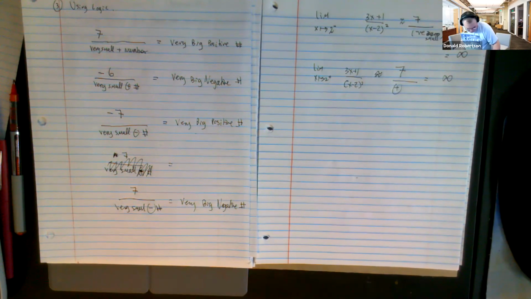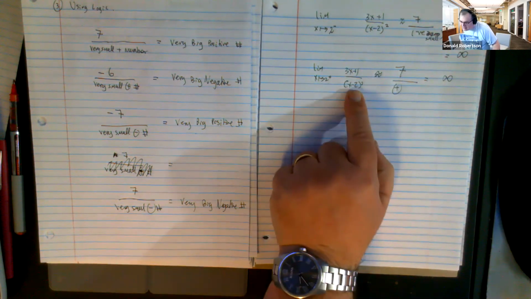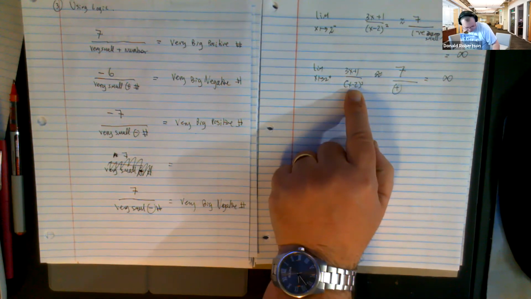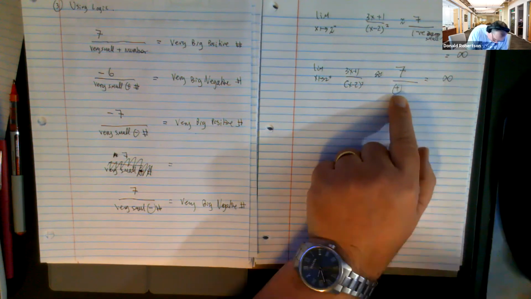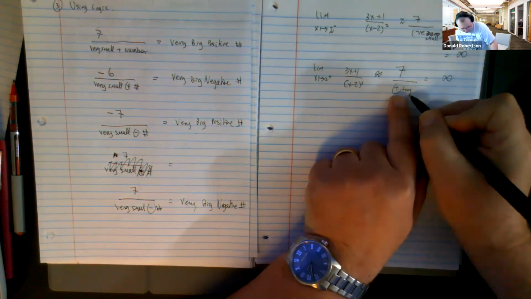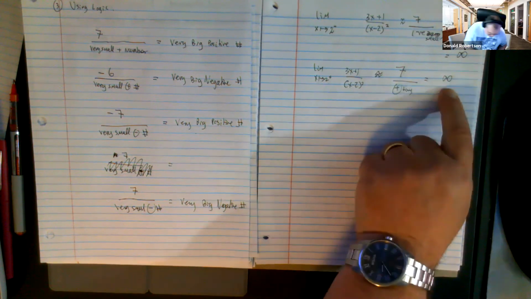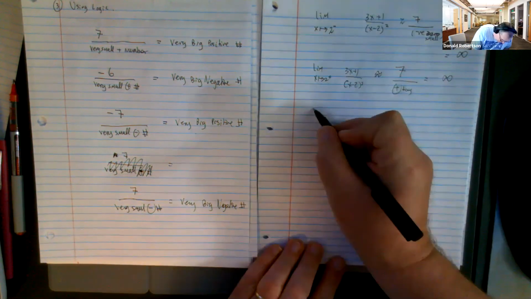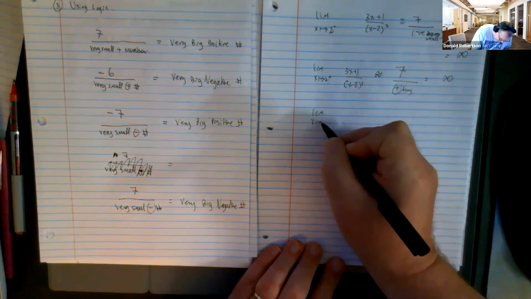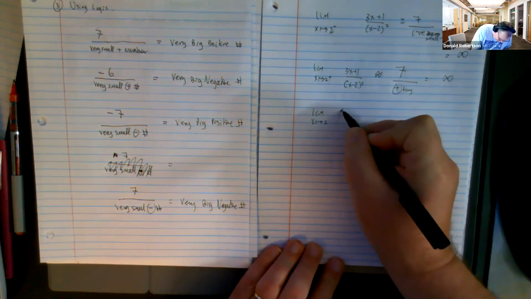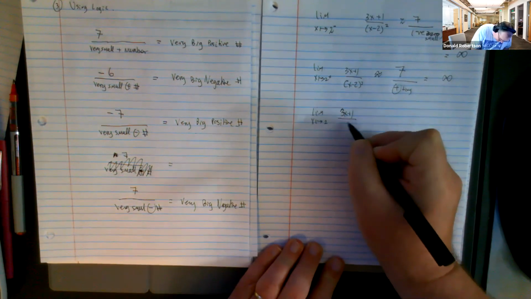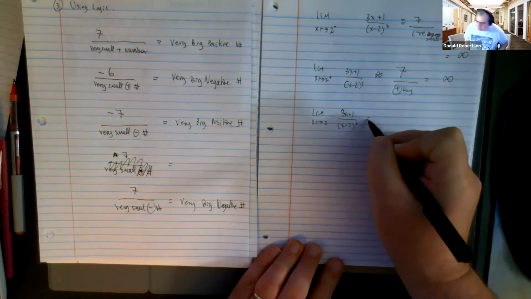That's positive, very tiny and positive. You square it, it's even more tiny and positive. And isn't 7 over a very tiny positive number positive infinity? And that makes the overall limit in this case infinity.